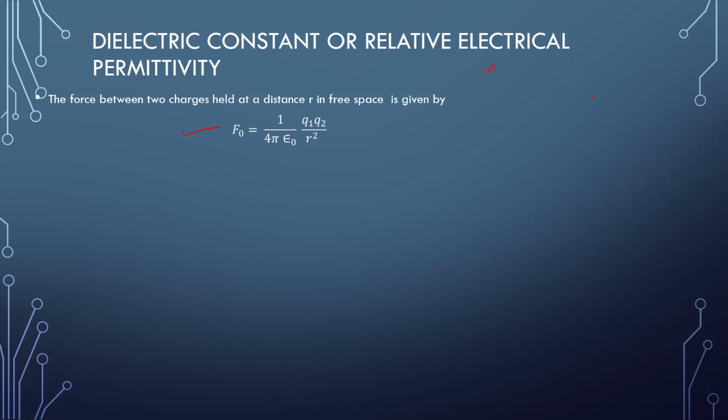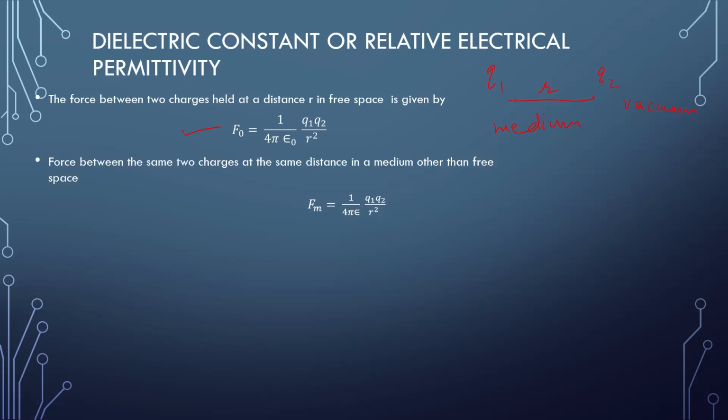Now the same two charges Q1 and Q2, separated by a distance r, this is in vacuum. Now suppose the same two charges, separated by the same distance, are in a particular medium. Then how do we write the expression?